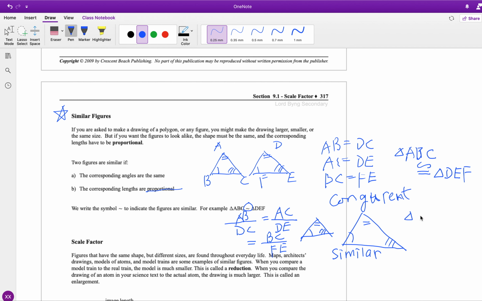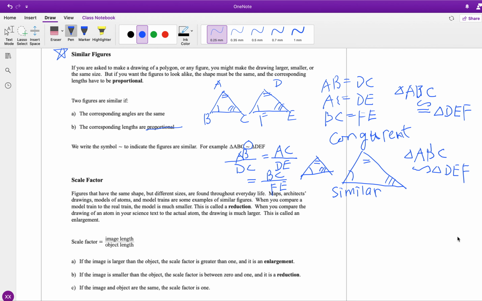So triangle ABC is similar to, see, the way I write this one is the reverse of your textbook. I think either way is fine. So that's called similar, okay?